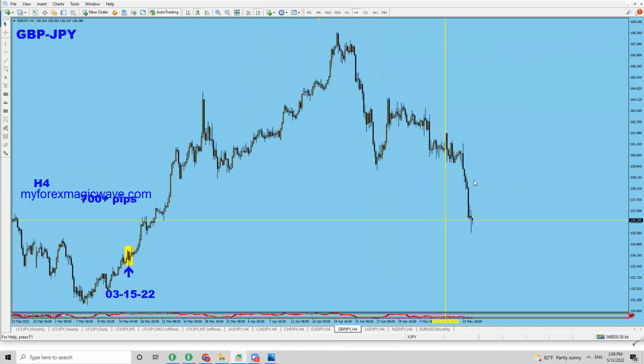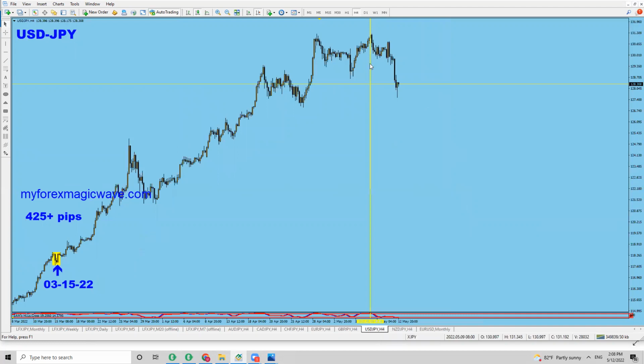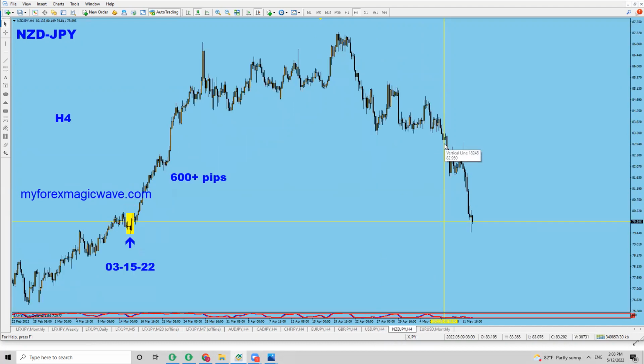Pound yen, you saw my trade, this is down, and this is where I got my entries, one here, one here. USD yen, May 9th, down. And last but not least is New Zealand yen, May 9th, down. This is the magic that the index chart does. If you can pinpoint the turning point on the index, you have the whole world under your feet.